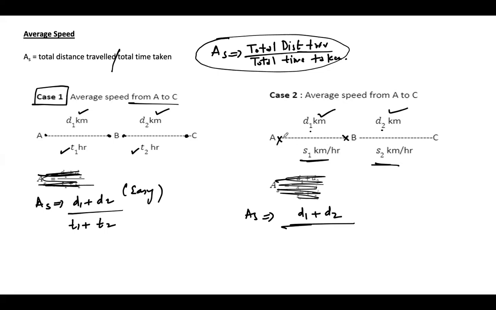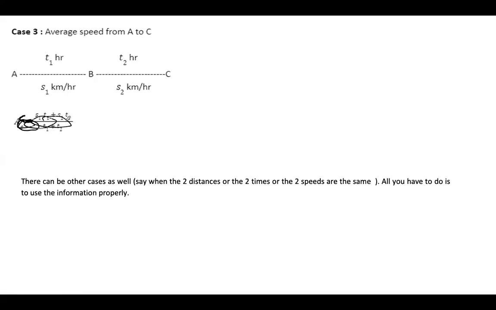Total time taken would mean the time from A to B, which is distance upon speed, D1 by S1, plus the time from B to C, which is D2 upon S2. This will be your answer. Very good. Let's go for case 3.